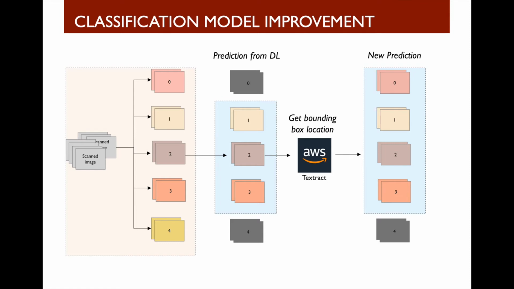But because of the minor difference between 0 and 1, which is just a different block orientation, we came up with a technique in which we extracted the text from AWS Textract and figured out the orientation of the different field values, and later classified them as 0 and 1 separately, thus improving the accuracy of the overall model even with a smaller sample size.